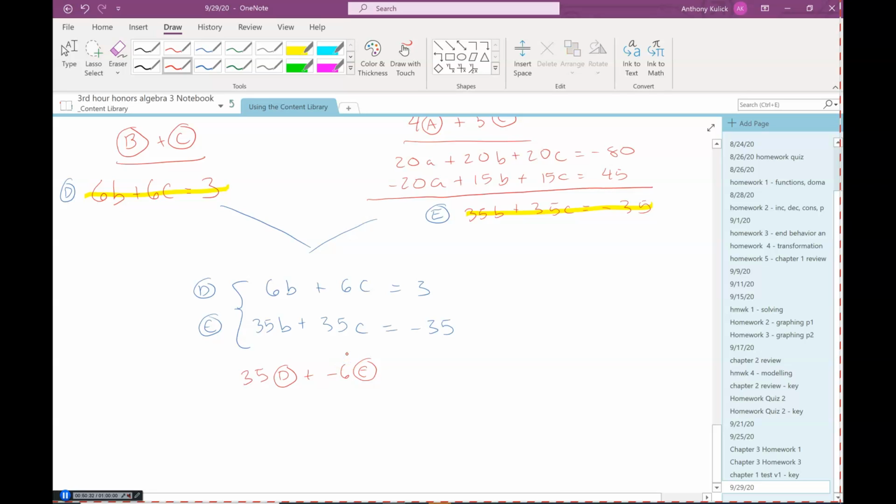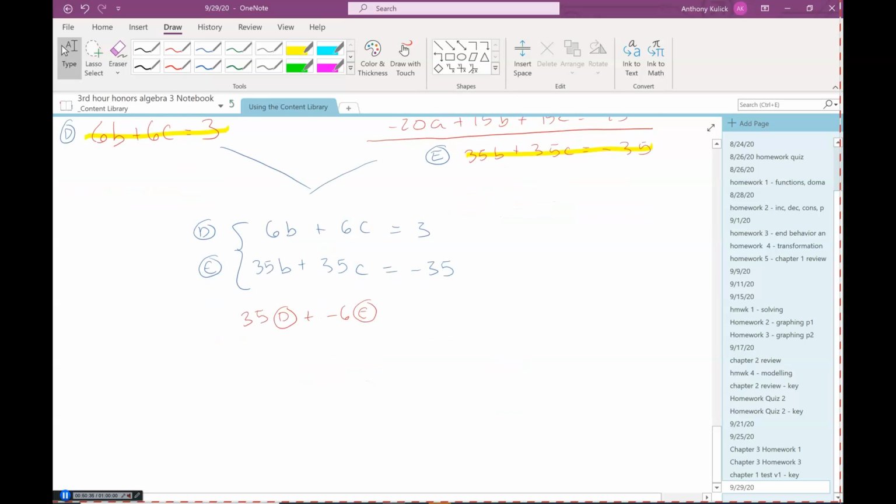Everybody's okay there, though? 35 times 6 is 210, I think. And 3 times 35 is 105. And then negative 6 times 35 is negative 210.